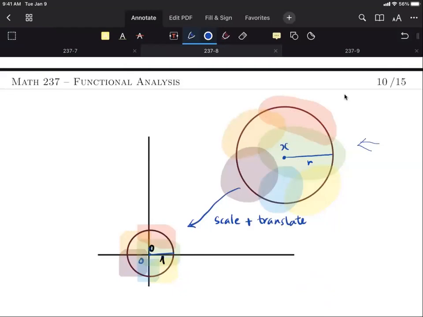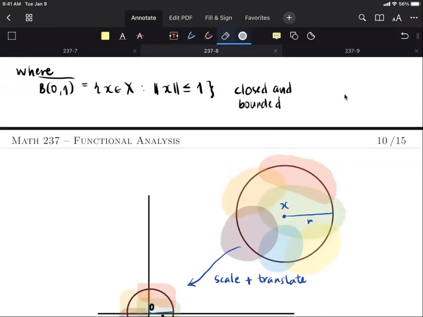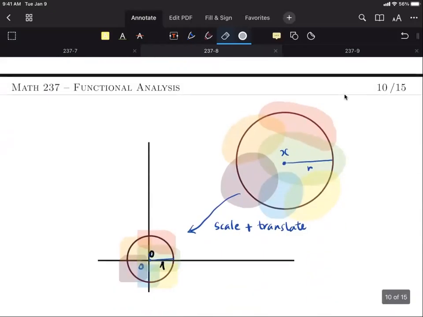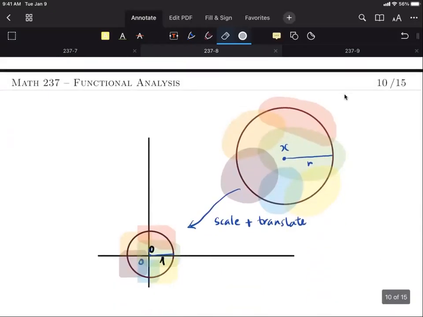And that would imply that your space is also infinite dimensional. So again, as I said, there's nothing special in the center 0 and radius 1. This is also valid in the case of general closed balls by translation and scaling. So I will leave the technical details for you to write.